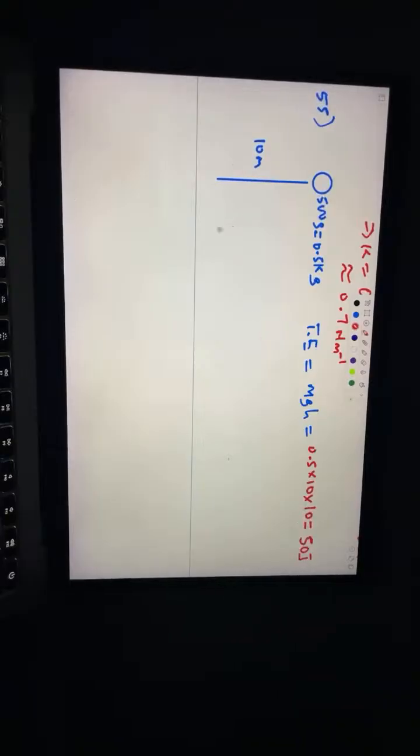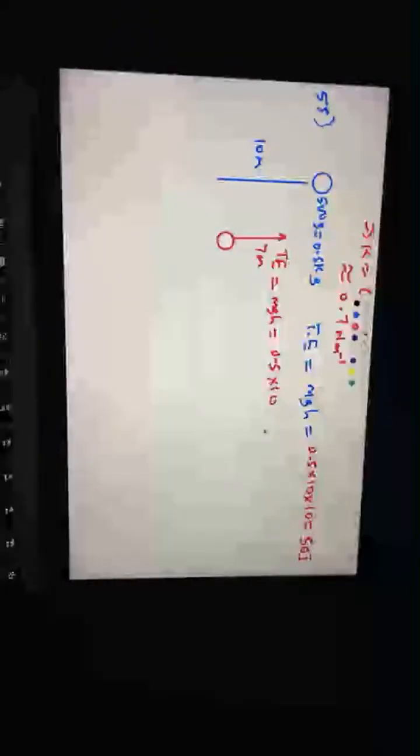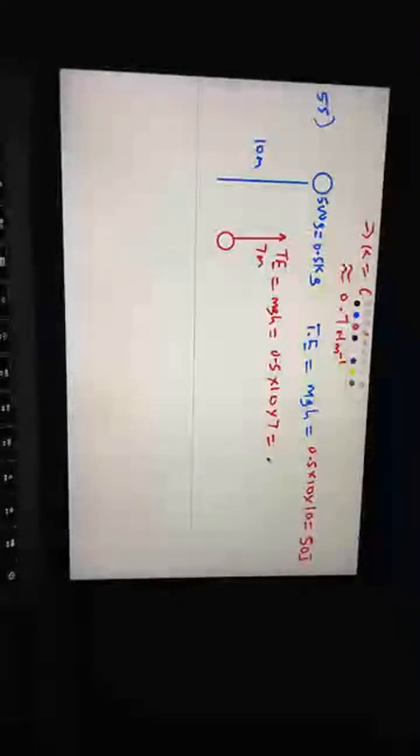Then when the ball got to the ground, it bounces up, but it couldn't reach the same height where it was coming from. It only bounces up 7 meters. So the total energy at this new level will also be mgh, but the mass still remains 0.5, g remains g, but the height is now 7. So with this we have 35 joules.